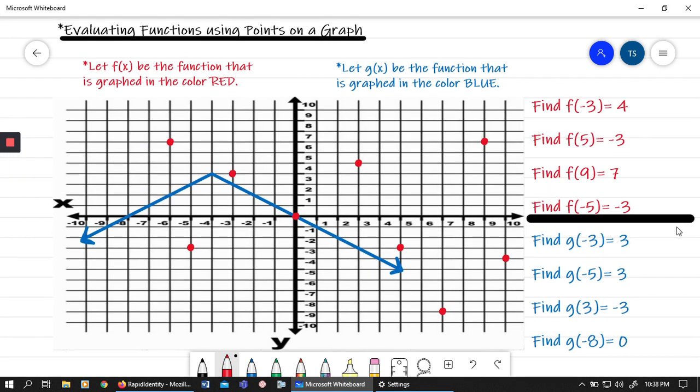So next, we are going to look at how to evaluate a function. We're going to look at how to evaluate or how to find the output, and how to find the input of a function when we are given the output.